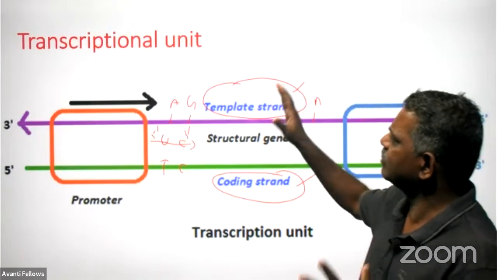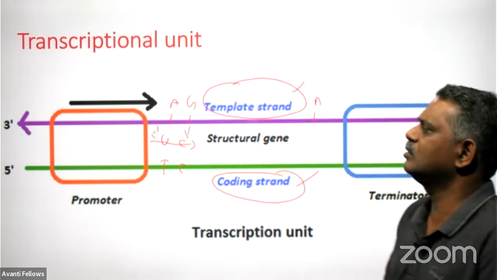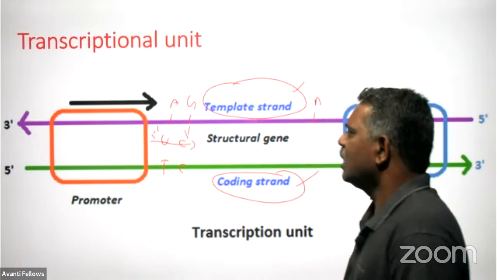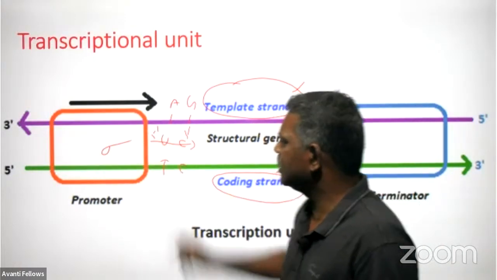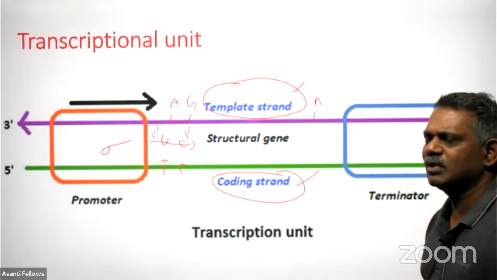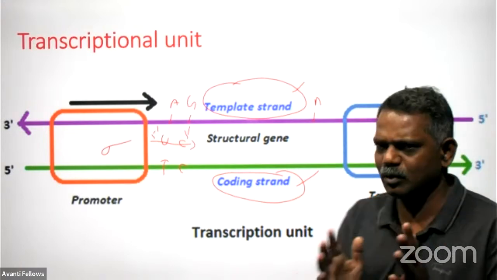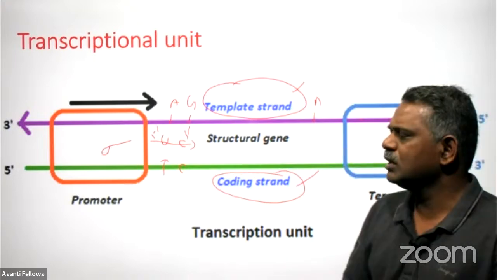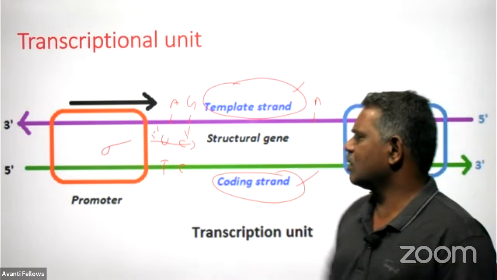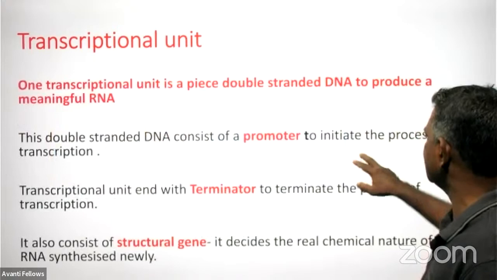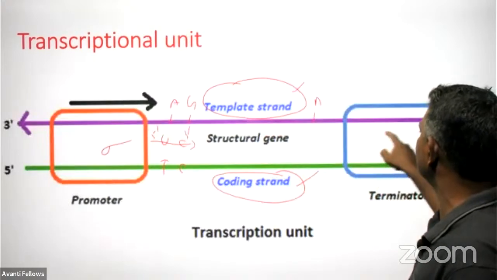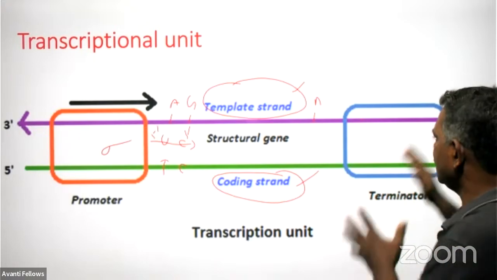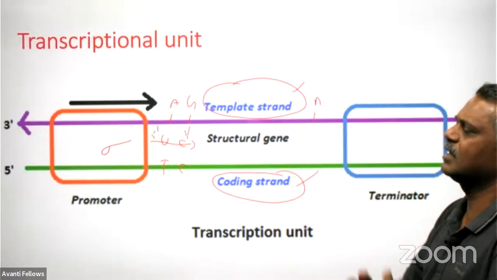So there are three units in the transcriptional unit. One is the promoter, which is to initiate, and there is a factor present in the promoter called the sigma factor, which helps to initiate the process of transcription. And at the terminator there is a factor called the rho factor. This rho factor present in the terminator terminates the process of transcription.